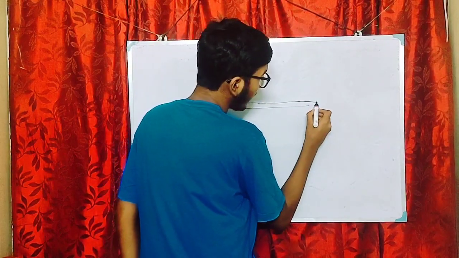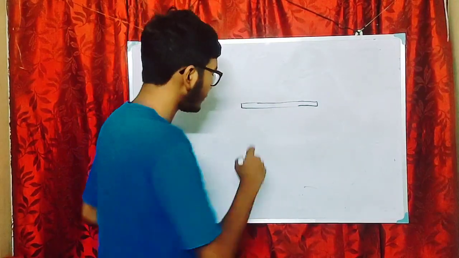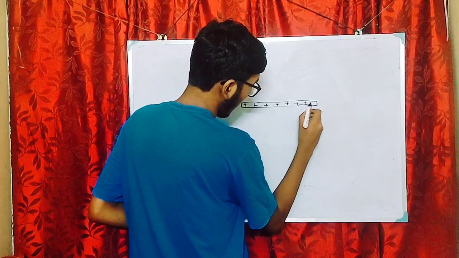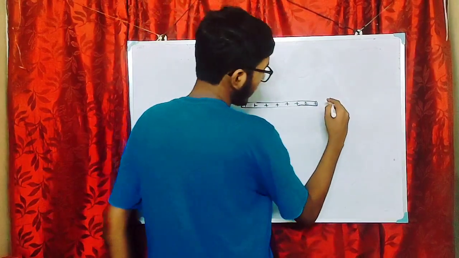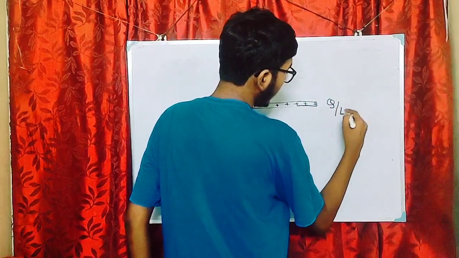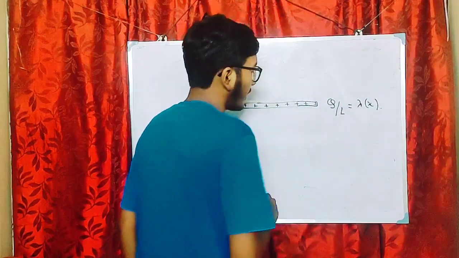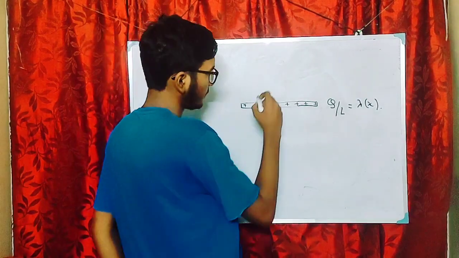First, क्या बोला है कि this is a rod and the charge per unit length is lambda of x. Okay, charge per unit length is lambda of x.